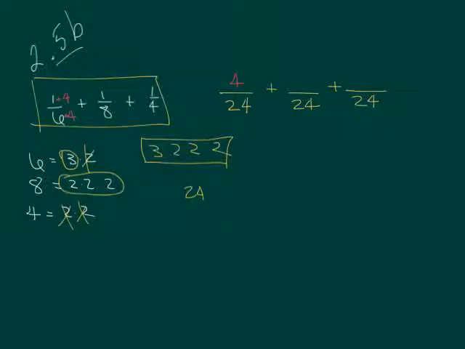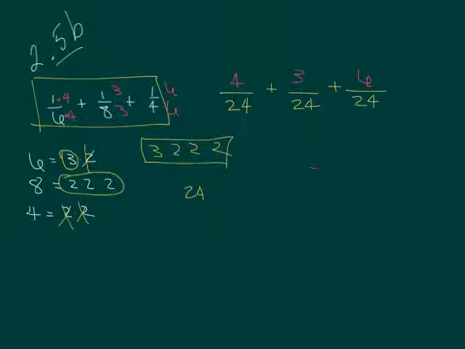Okay, now what did I do to go from 8 to 24? Well, I multiplied my 8 times 3, so therefore I multiply my numerator, 1 times 3. Now what did I do to go from 4 to 24? I multiplied by 6, so I multiply my top number by 6.